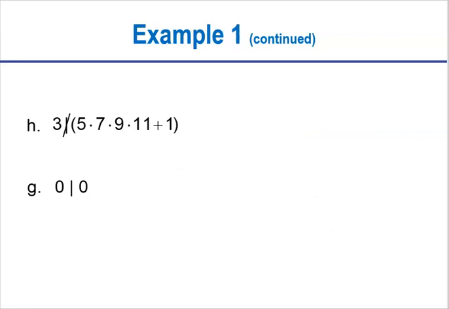All right, it says 3 does not divide 5 times 7 times 9 times 11 plus 1. What do you think? Okay. So does 3 divide 5 times 7 times 9 times 11?